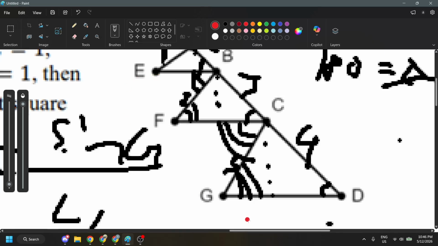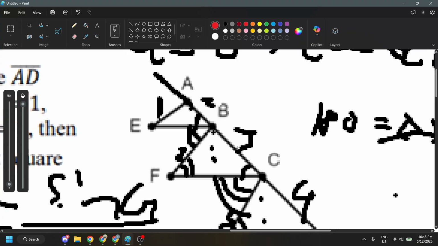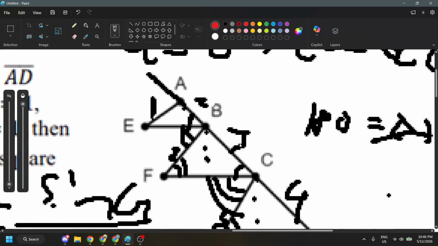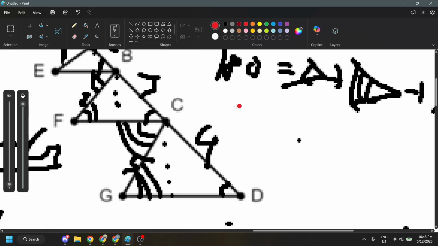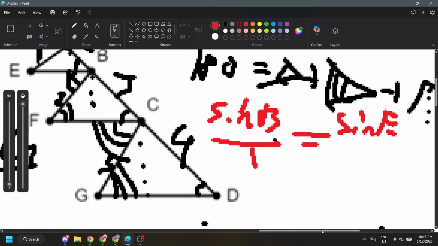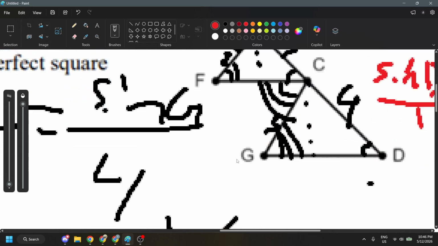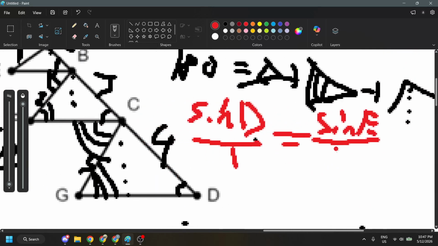So sine of B over 1 is equal to sine of D over 2.